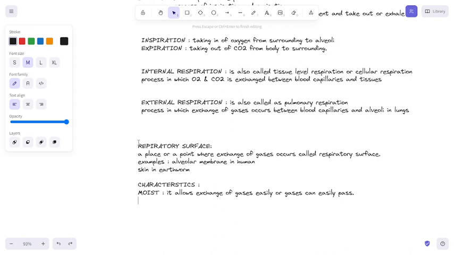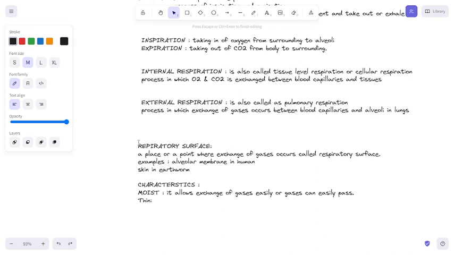The next we have is thin. The respiratory surface should be thin.